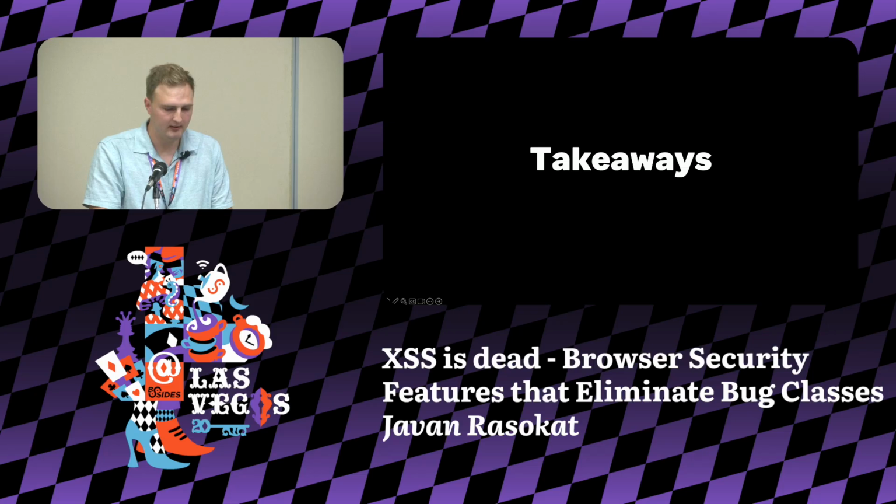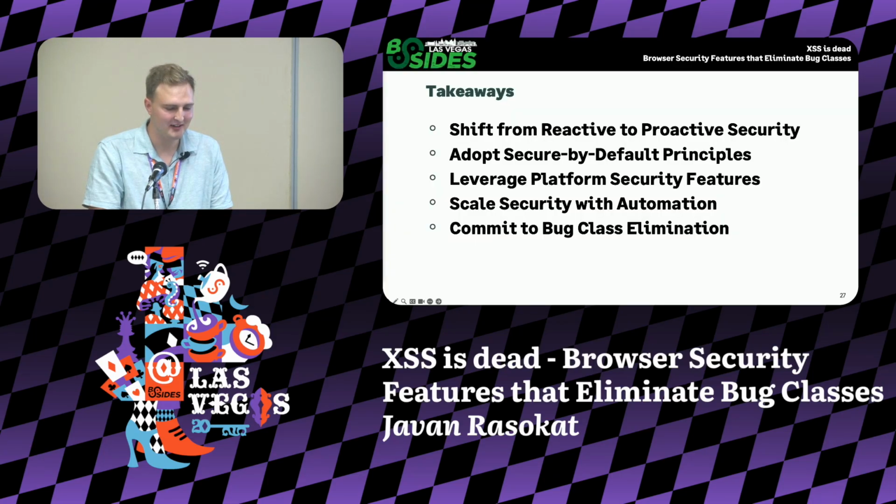So some takeaways. Let's shift from reactive patching to proactive security. Think about how you can implement it in your organization, because it can be a real game changer, especially if you have one application that has one cross-site scripting vulnerability. In my experience, depending on the time and effort you put in, you will be finding more cross-site scripting vulnerabilities in the same application.